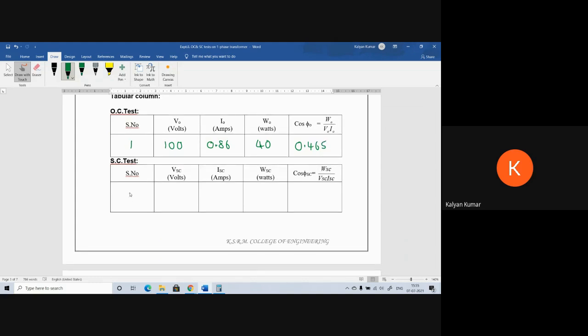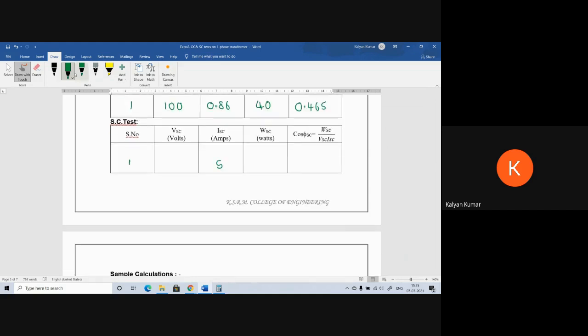Now from the SC test, the rated current we need to apply, that is 5 amps. Now when the 5 amps current is applied, the voltage will be around 12 volts and the wattmeter reading that we are going to get will be around 50 watts.